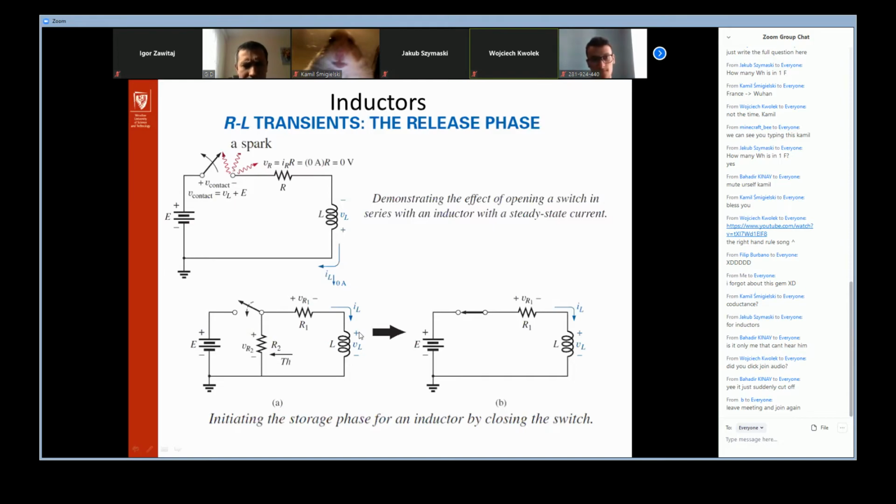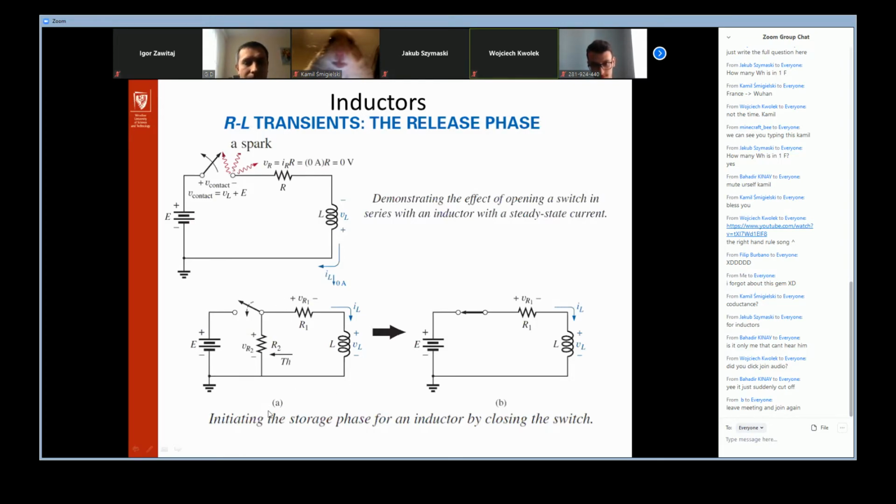We know that at the first moment the current will be equal to 0 and is going up, and then we can observe that the voltage across the inductor, VL, is going from the maximum value to 0, and then at steady state the current IL is going to the maximum value.